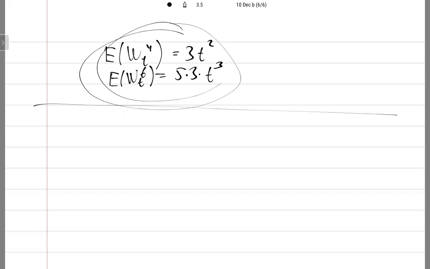Assume tau is the stopping time, and it is the first moment when W_t, the Wiener process, reaches 100, and we need to find the expected value of its exponent. It's from page 41 of your collection, task number 1.